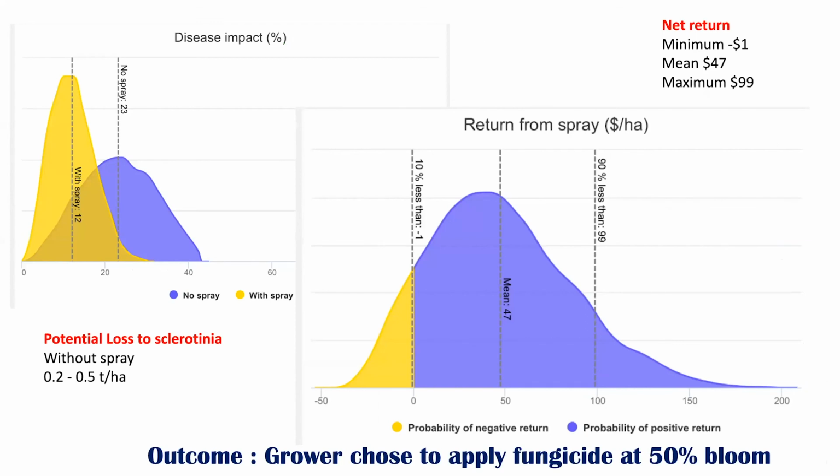So on the net return view, it's mostly purple, quite a lot of chance of making money. And out here on the right-hand end shows the worst case scenario for not spraying. You know, it might possibly be over $150 or over $100 in it.